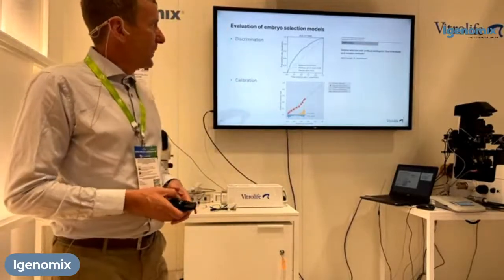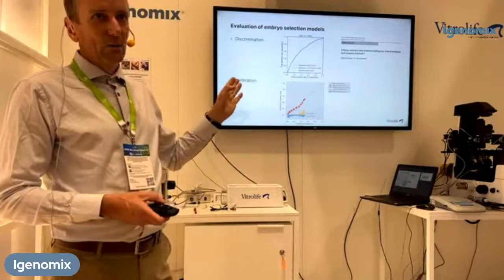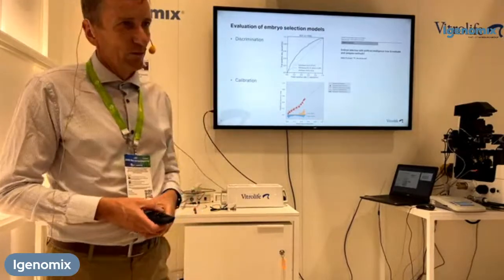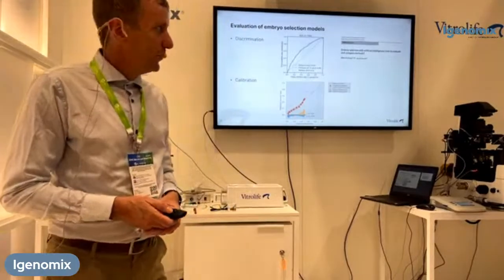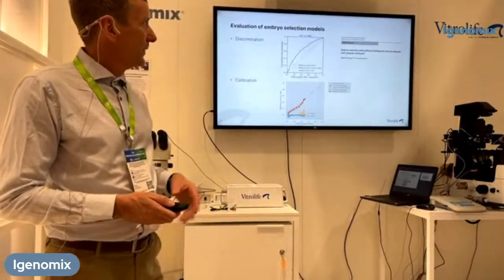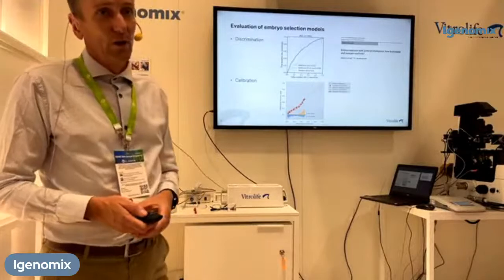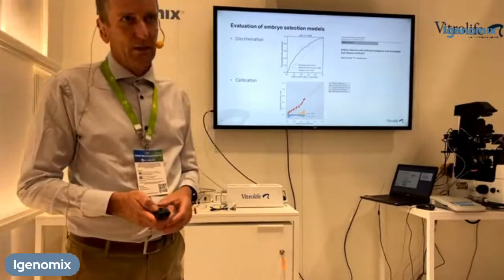And I'd like to refer you to a publication that we recently put out with what we find to be the state-of-the-art way of evaluating how embryo selection works, published in the Journal of Assisted Reproduction and Genetics.